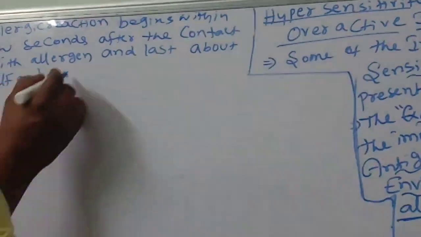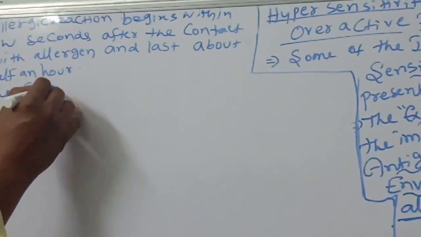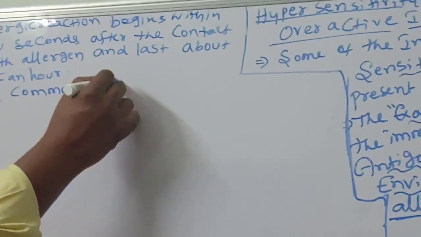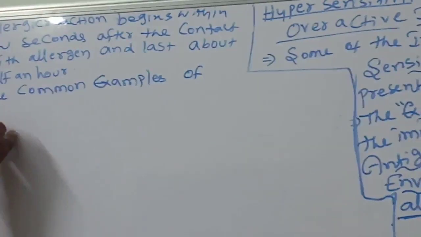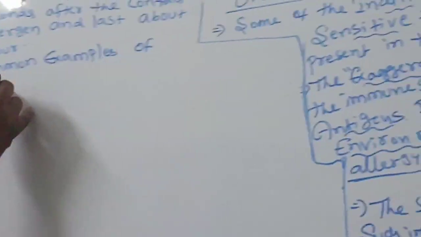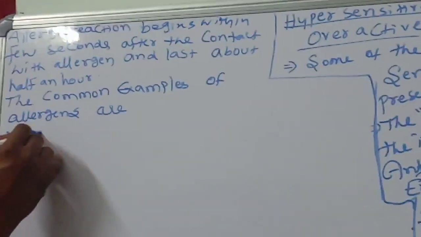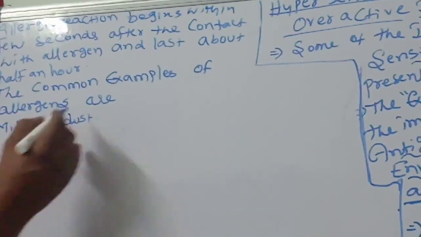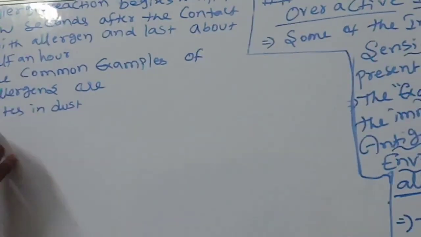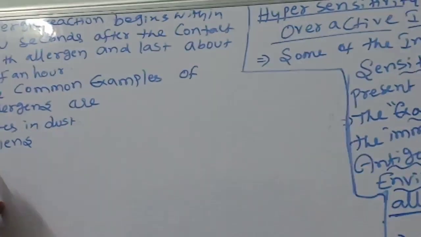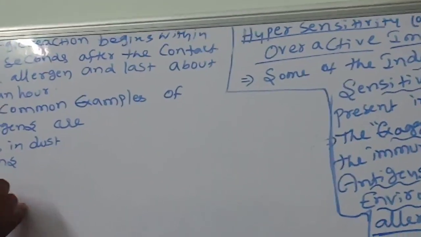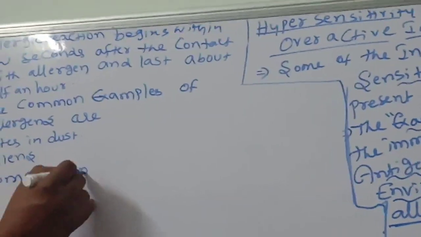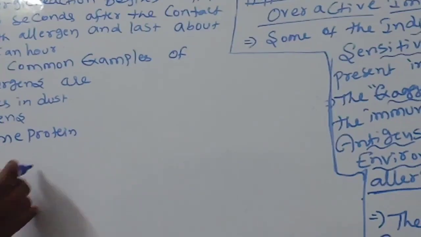The common examples of allergens are, number one, mites in dust; number two, pollens; and some protein in insect venom.